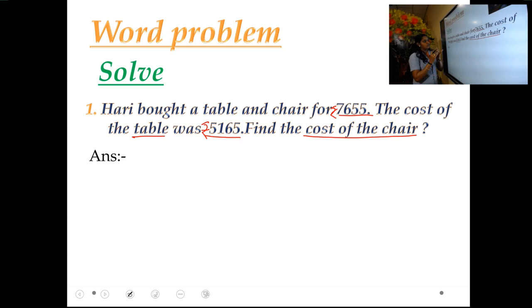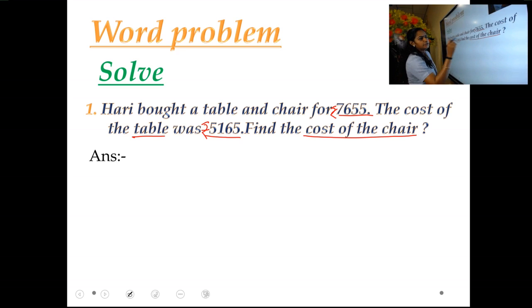Two things are here. For both of the items, the money is given here. You have to find out the cost of the chair. One item, the table's amount, is given here. So what will we do? First of all, you have to write down the steps first.